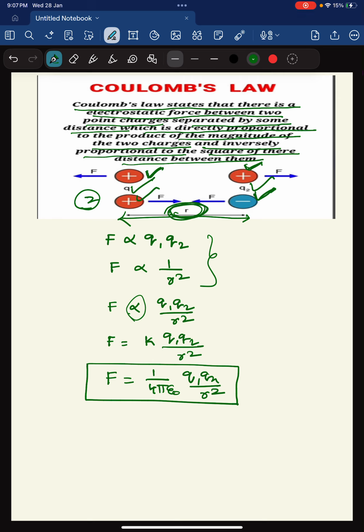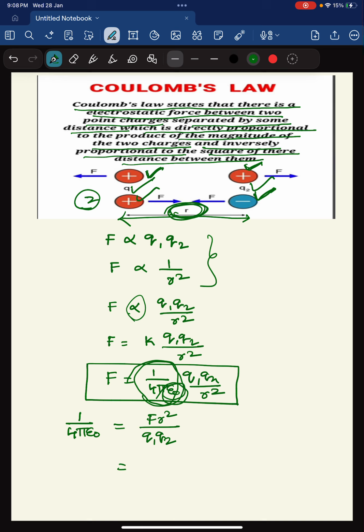From this expression we can easily calculate the 1 by 4 pi epsilon naught value as well as the epsilon naught value. From this equation I'm going to take 1 by 4 pi epsilon naught to the left side. 1 by 4 pi epsilon naught is equal to F r square by q1 q2.